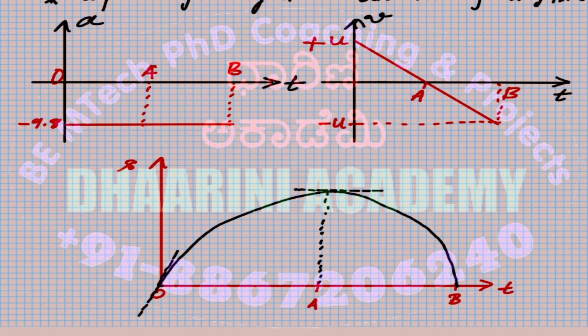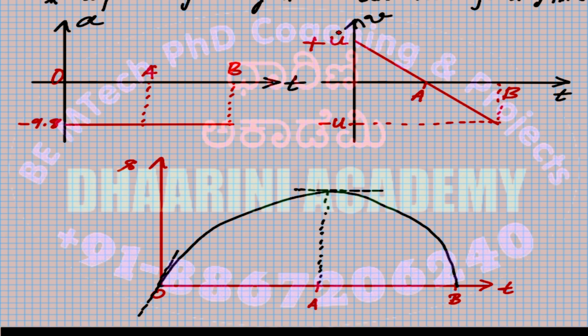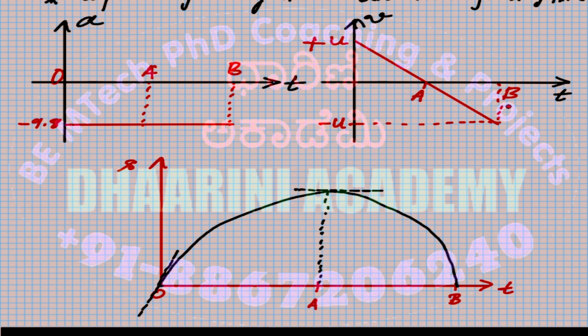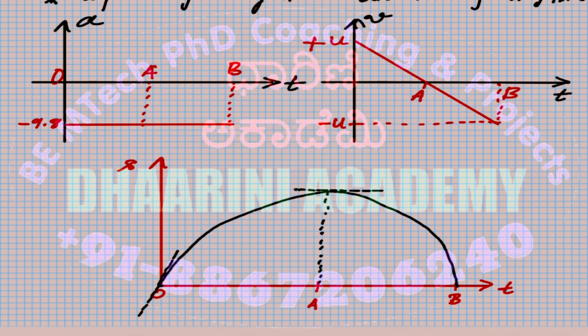In the upward motion, that is from O to A, velocity is positive but decreases. And between A to B, velocity is negative and it increases. I can see that it is increasing in the negative direction. So the slope of the ST graph is always negative because of these conditions.